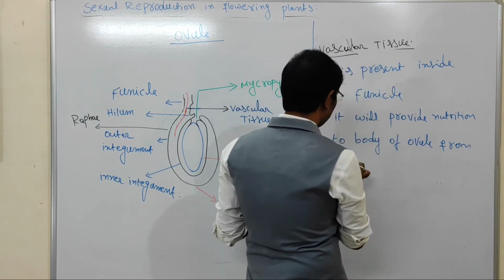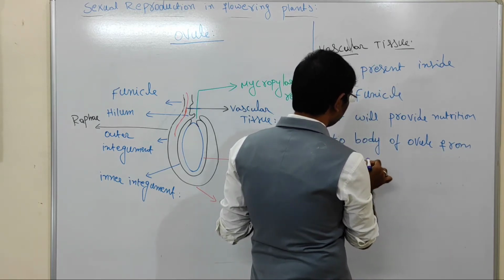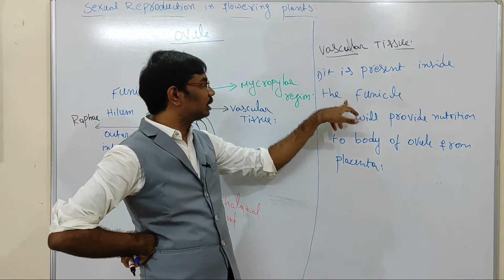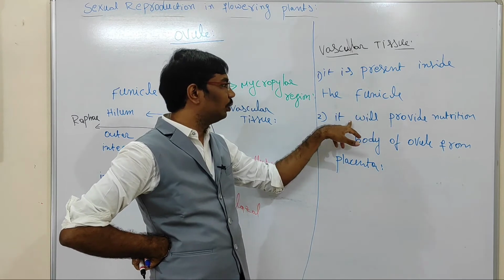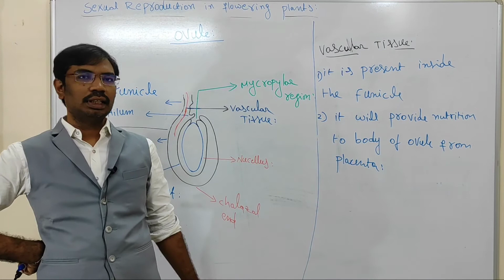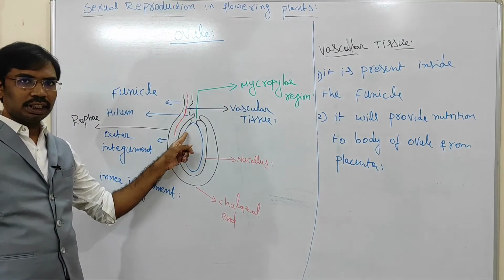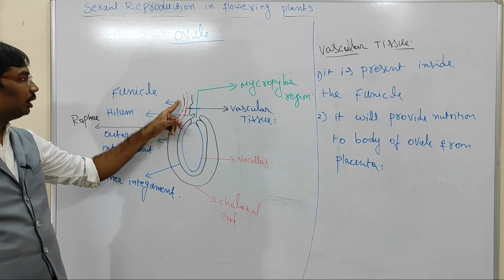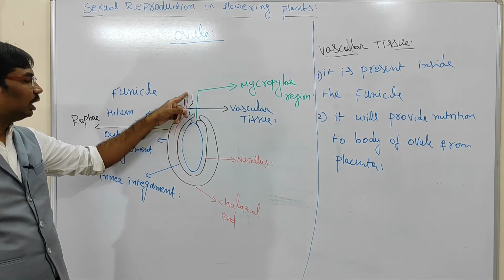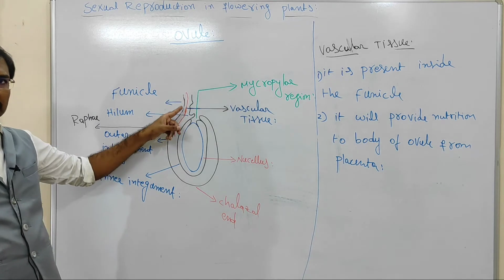This is the function. Vascular tissue is present inside the funicule, and it will provide nutrition to the body of ovule from the placenta, because the ovule is attached to the ovary with the help of the placenta. So the ovule receives nutrition with the help of the placenta.